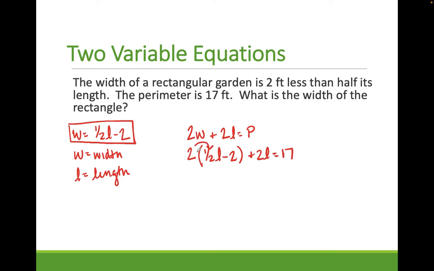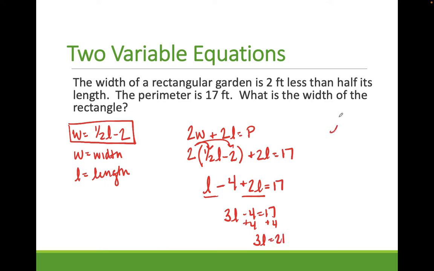When you distribute, 2 times 1/2 L gives you L, minus 2 times 2 is 4, plus 2L equals 17. L and 2L is 3L, minus 4 equals 17. Adding 4 to both sides, you get 21, and 3L equals 21.